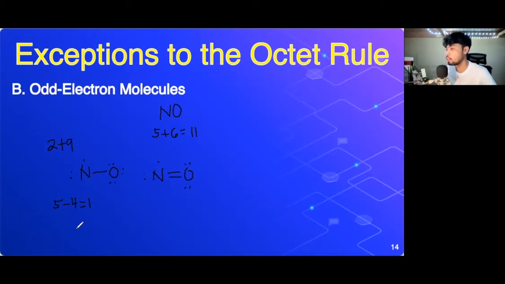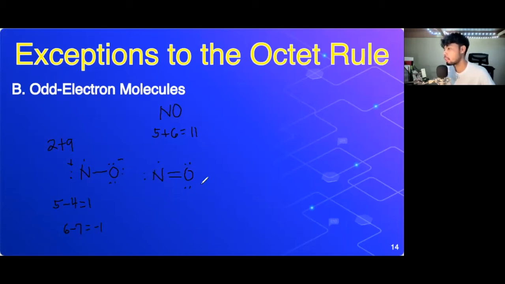For the oxygen atom, it has 6 valence electrons minus 7 assigned electrons. That will give us a negative 1 formal charge for the oxygen atom. So again, we have a positive formal charge for nitrogen and a negative formal charge for oxygen.